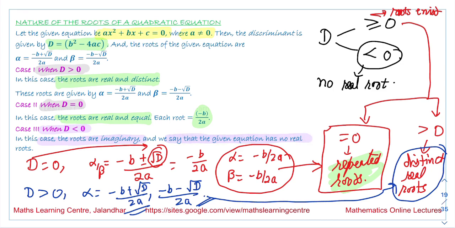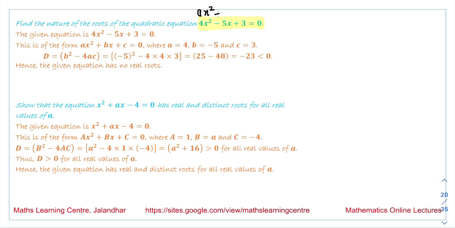Now based upon these observations, this is our first question. Find the nature of the roots of the quadratic equation. This equation is given to us. Comparing it with the standard form ax square plus bx plus c, we get a is equal to 4, b is equal to minus 5 and c is equal to 3.